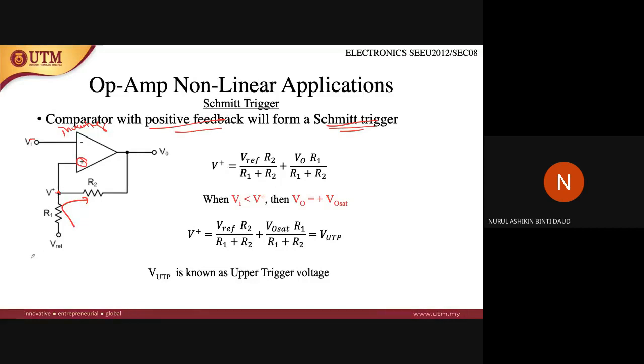So I is equal to V reference minus V plus, over R1, and then equal to, at this point, V plus minus V out over R2.